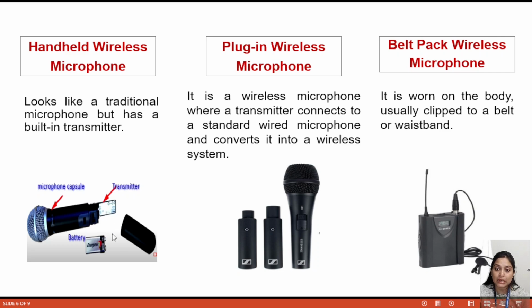But here the one main disadvantage is that battery is very much needed. Without battery it will not work. Then we will go to the plug-in wireless microphone. A plug-in wireless microphone is a wireless microphone where the transmitter connects to a standard wired microphone and converts it to a wireless microphone.